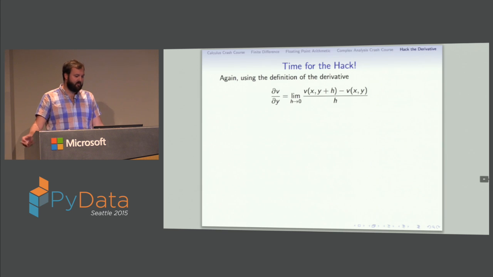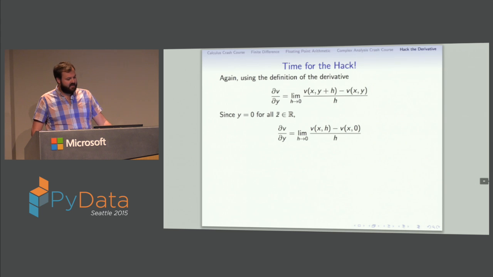If we go back to the definition of the derivative and take dv with respect to y, we can plug this in: v of x, y plus h, minus v of x, y, over h.